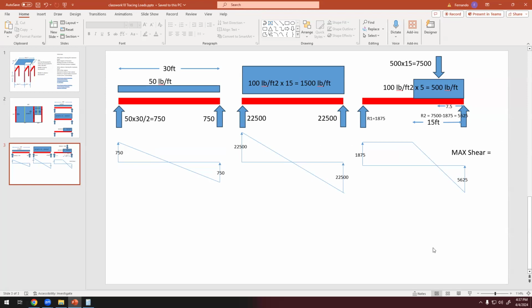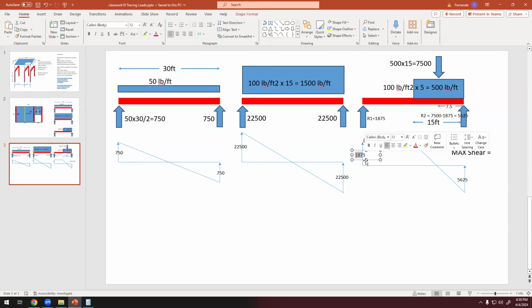28,125, what? 22,500 plus 5,625. Yes, and what about the 750? Plus 750, yes. 28,875. Yeah, that makes sense. So this is 750 and this is 750. This is 22,500, this is 22,500.